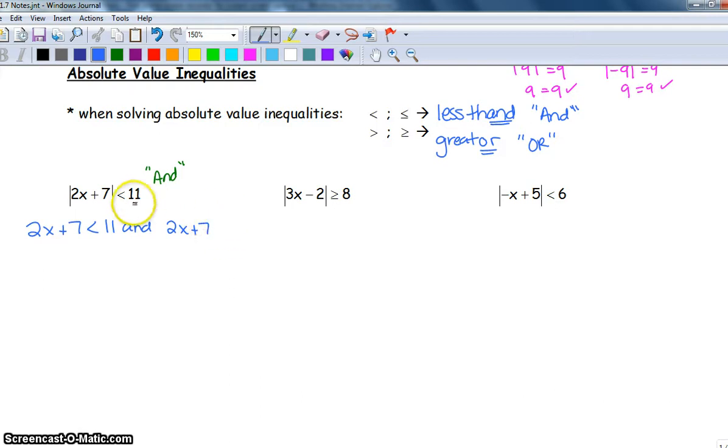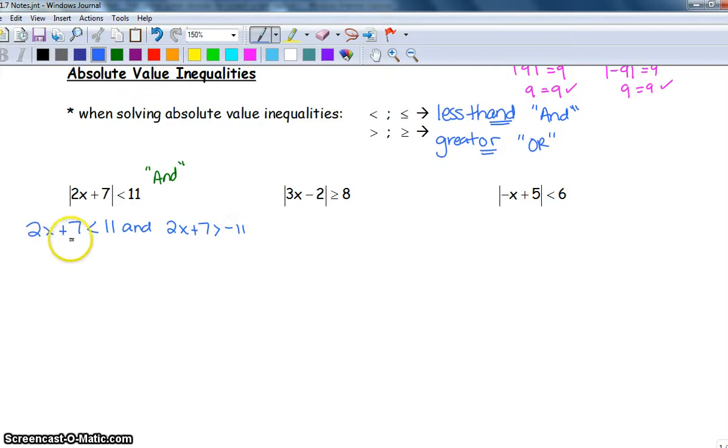We are going to change it to a negative 11, but in addition to changing the negative 11, we're going to change it from a less than to a greater than sign. So two changes. First inequality, you take what you were given, just drop the absolute value signs. For the second one, you flip the sign and then change it to the opposite. So since we have positive, we change it to negative. If it was negative, we change it to a positive.